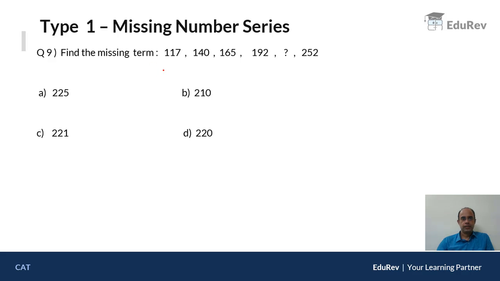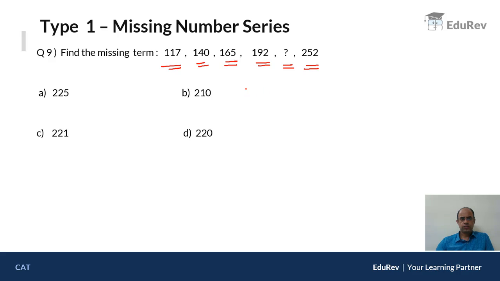Question 9. Again find the missing term. 117, 140, 165, 192, missing term, and 252. Fine, guys. Now when the numbers are large, it is very difficult to find the difference. So let us see, is this a square?